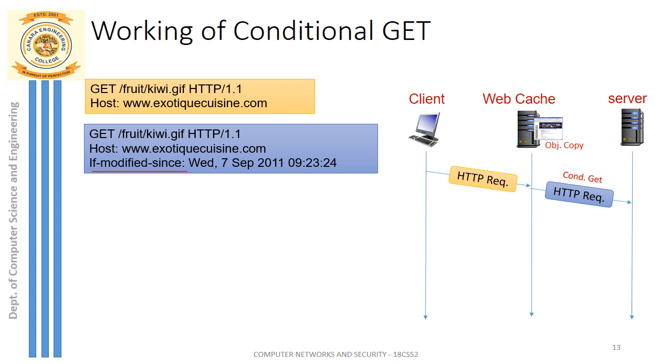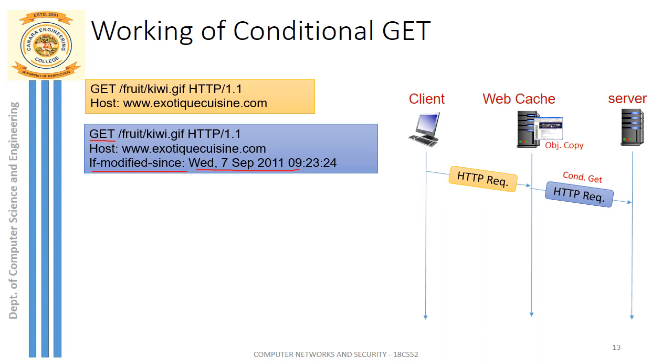In order to call a request message a conditional GET method, first we have to see that it is a GET method and there should be a header line with If-Modified-Since. The content of If-Modified-Since is nothing but whatever the web cache stored in the previous case.